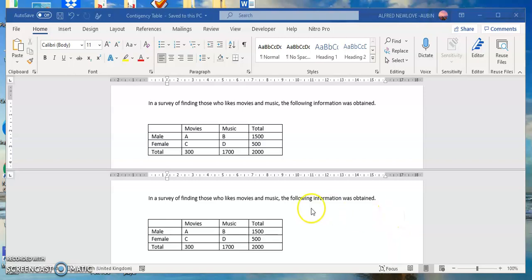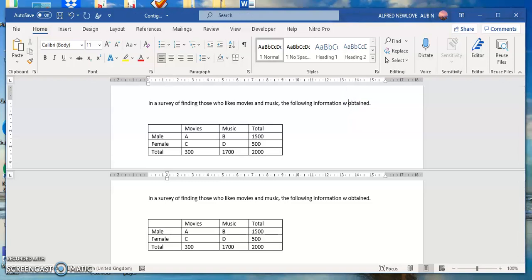Today we are going to look at contingency tables. Let's quickly look at this question. It says, in a survey of those who like movies and music, the following information was obtained. This is the table.